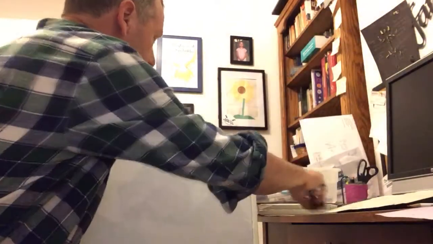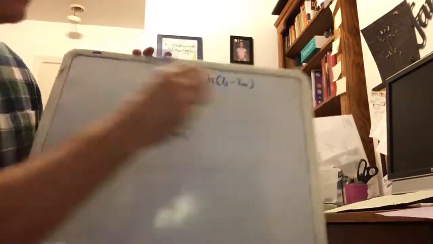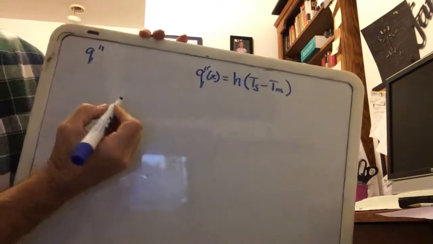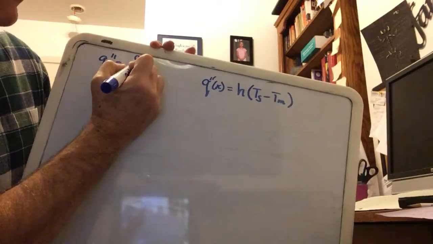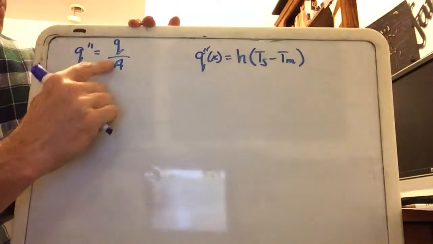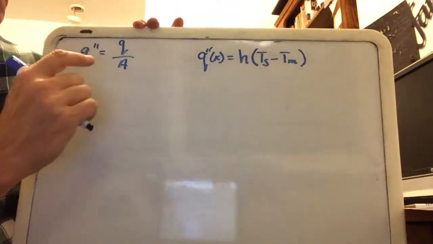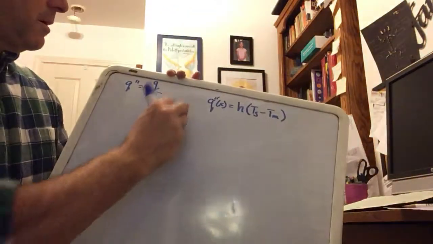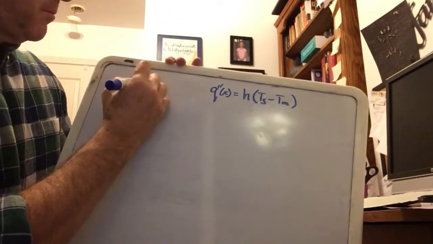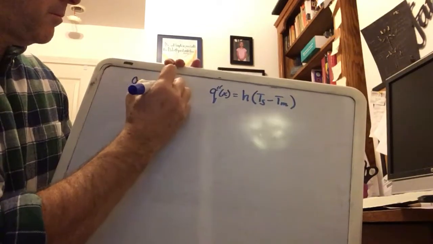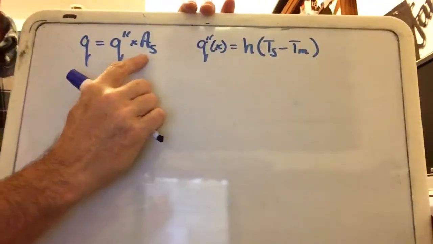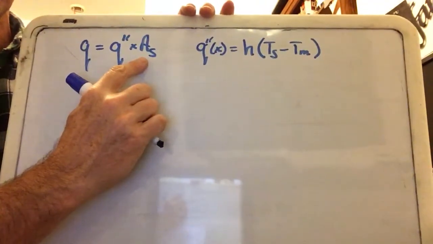And then finally, we can, in addition, think about the definition of flux. So flux, in any situation, is heat transfer divided by area. And we're almost there. I'm just going to rearrange this equation to say that heat transfer is flux times area, where in this equation, this represents the surface area of the interior of the pipe.